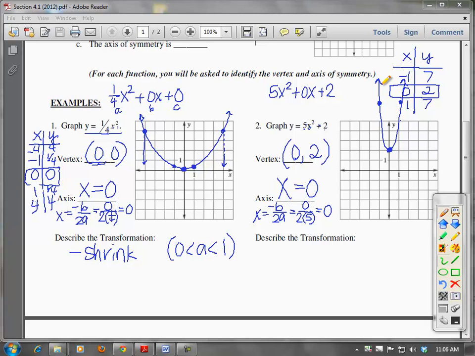What happened to my parabola, and the first thing I think you see, is it started at (0, 0) and it moved up 2. So this plus 2 at the end took my graph and shifted it up 2. Now, we said in the last example, if it got wider, we call it a shrink. If it got skinnier, we're going to call this a stretch.